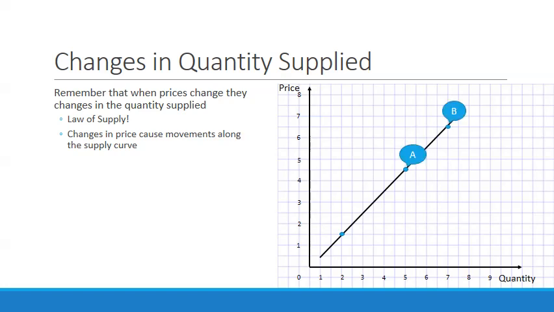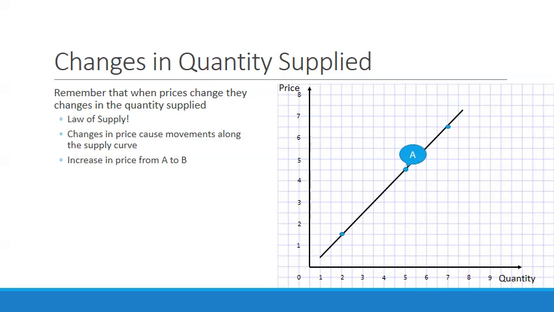So if we have point A and we have point B, and we want to see what happens when we have an increase from A to B. So price increases from point A to point B. And then what happens, of course, is the quantity supplied will increase from point A to point B. So increases in price cause increases in quantity supplied.